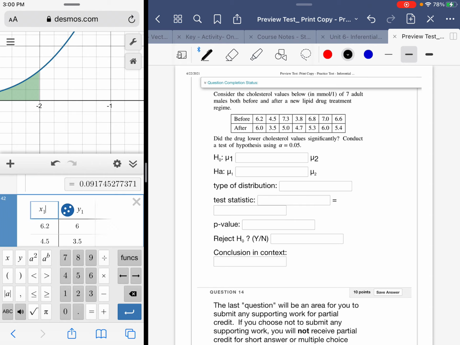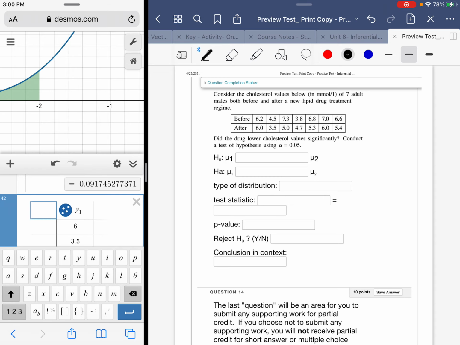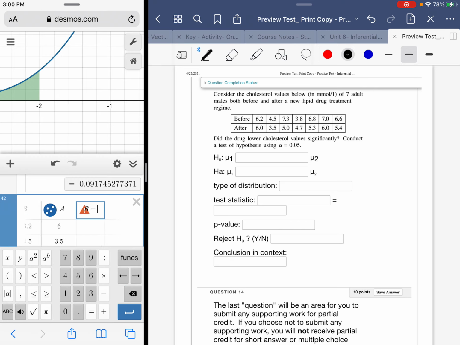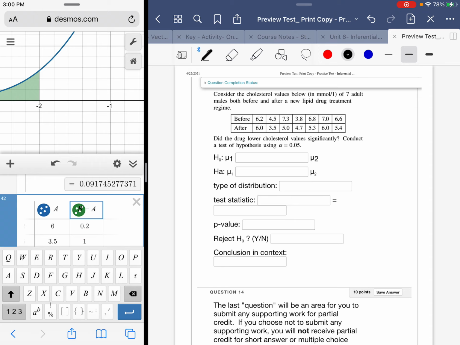You can retitle it B and A if you want. Yeah, go to B and A. All right, B and A, and then find the difference, B minus A, and then find the summary statistics for that new column of information, which is going to be x bar sub D, s sub D, and n being the number of pairs of data.